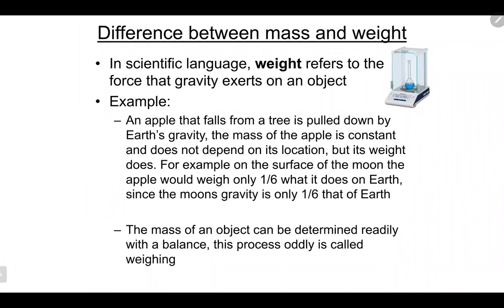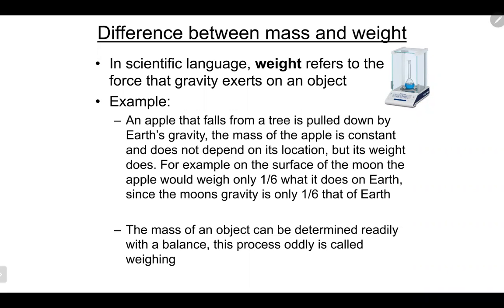Now, there is a difference, technically speaking, between two words that are sometimes used interchangeably, which is mass and weight. Weight does take into account the force of gravity on an object, whereas mass is independent of the force of gravity. That's why your weight on the moon would be different, 1/6 of what it is here, but your mass would be the same.